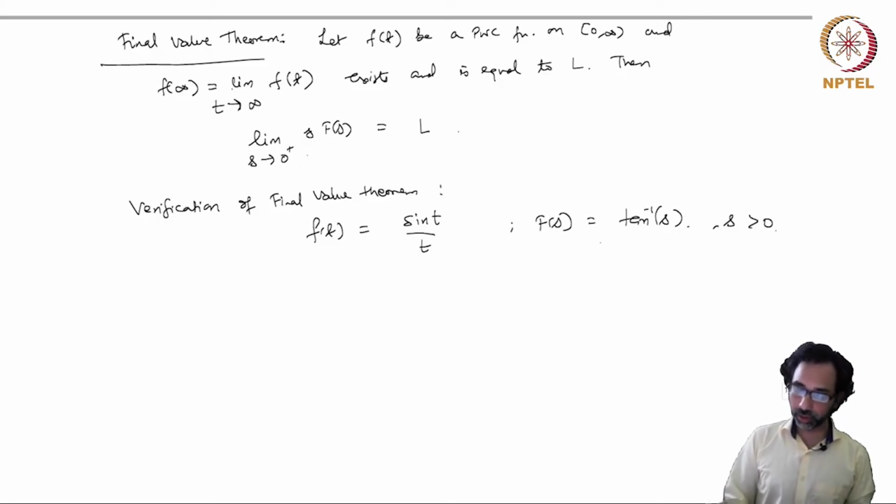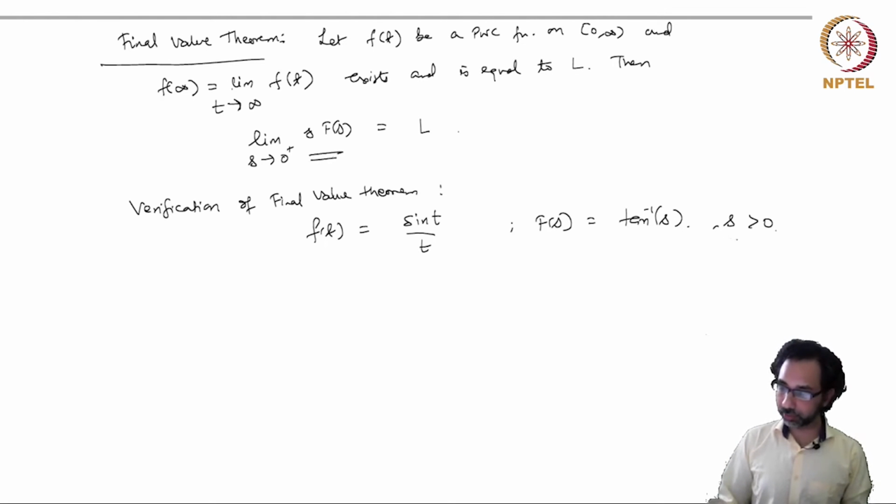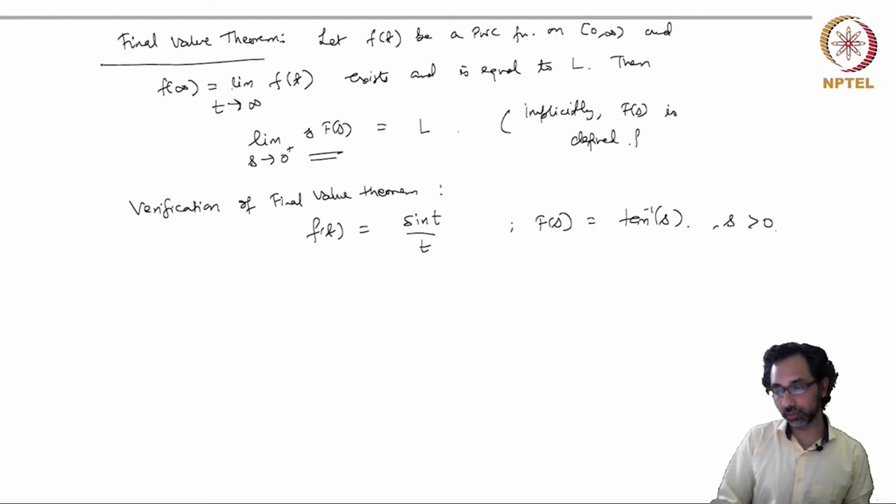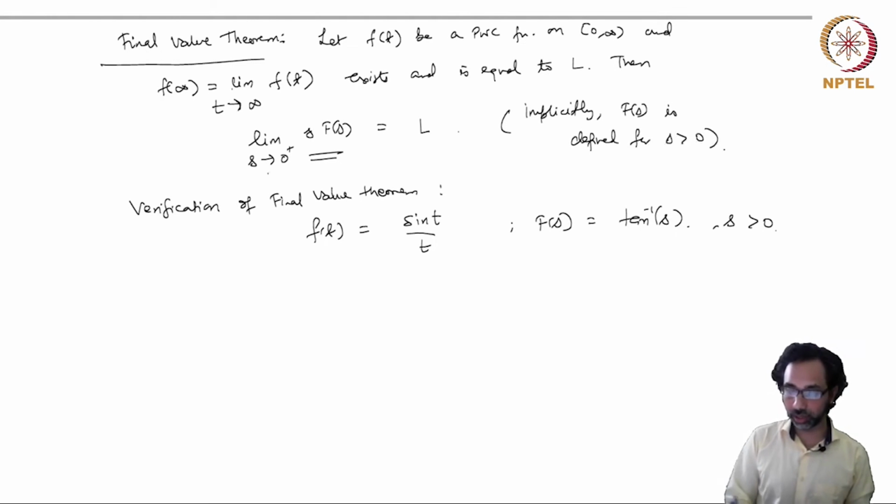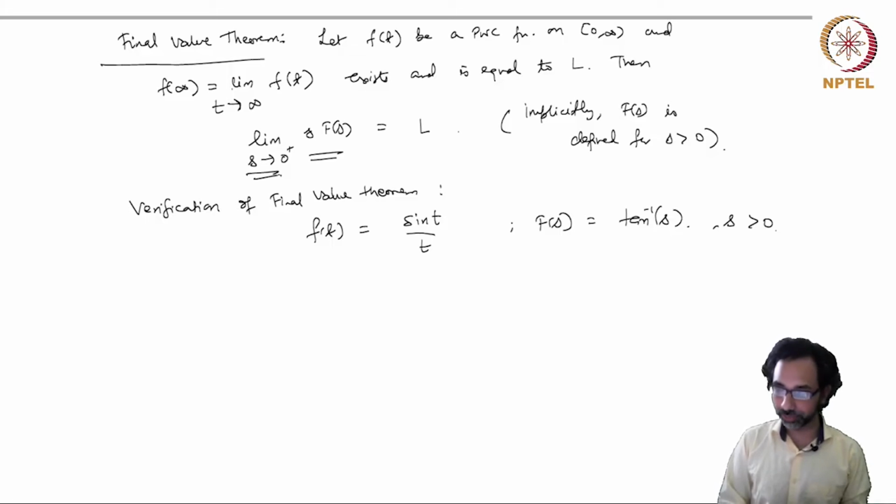So note here that in the final value theorem we must have F(s) implicitly defined for all s greater than 0. Otherwise this limit as s tends to 0 plus doesn't make sense. So it's a necessary condition that the function should have a Laplace transform which is defined over all s greater than 0.